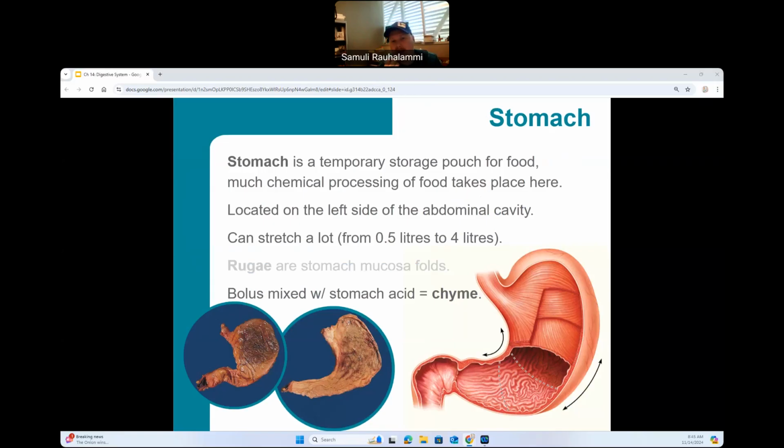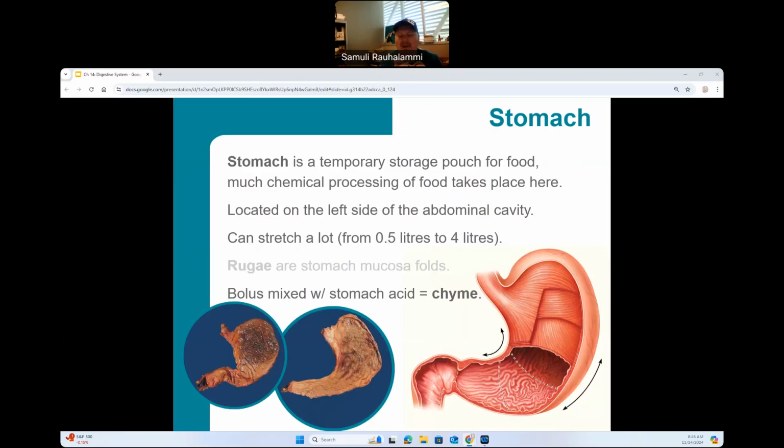Often students think of the stomach as this kind of rounded balloon-shaped structure, but in reality it's much more often not fully distended, so it's kind of like an empty balloon, so to speak. There's a great amount of stretching from when the stomach is empty, that would be about half a liter in contents, to when it's full, which could be all the way up to 4 liters of contents.